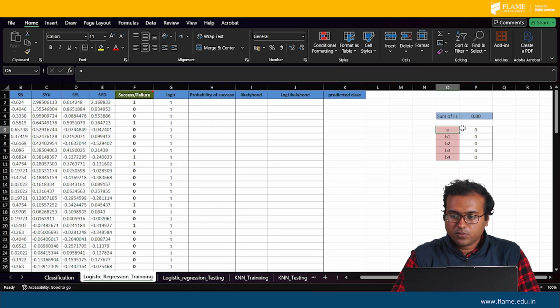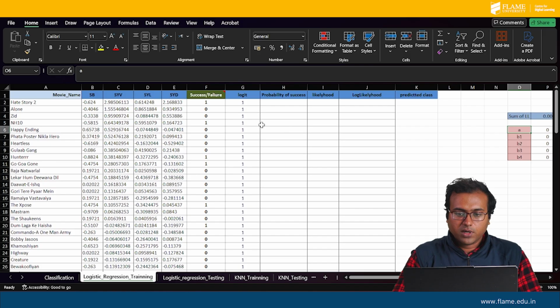Because if you are not assigning any value, it will consider some kind of garbage value. And definitely again that same tool solver will be useful to find the value of a, b1, b2, b3, b4. But here, instead of minimizing the error, we will try to maximize the likelihood, sum of log likelihood. Now, how to calculate the sum of log likelihood? So, let me just explain one by one.